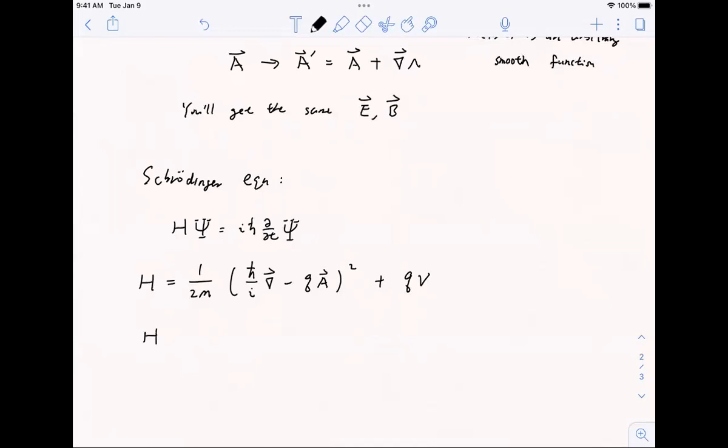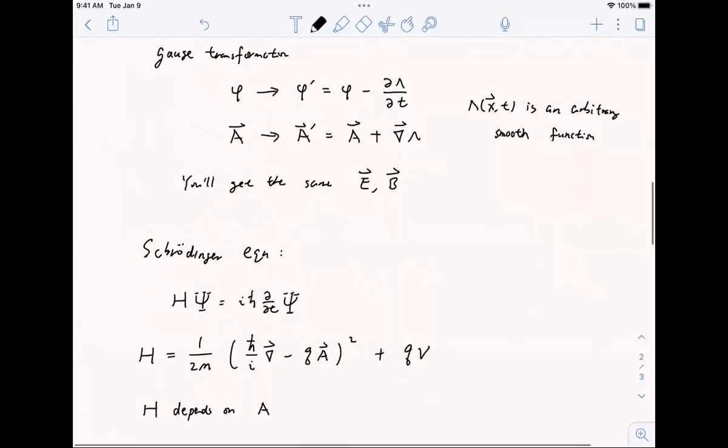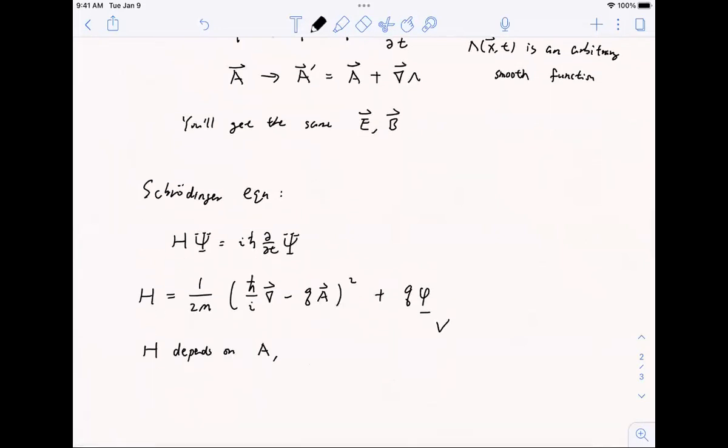So H depends on A. I mean, you can use this. Some textbooks use V, some textbooks use this. Up to you.